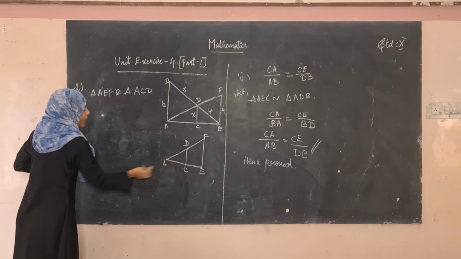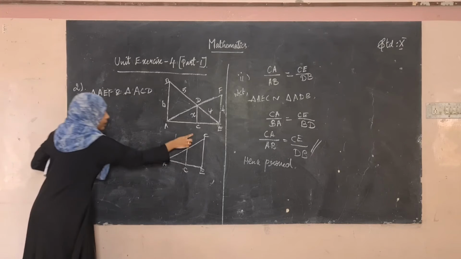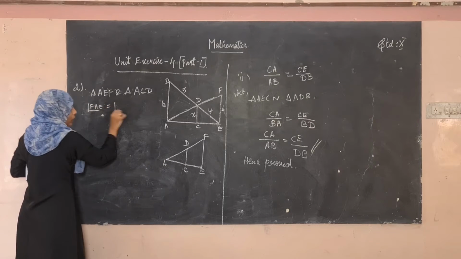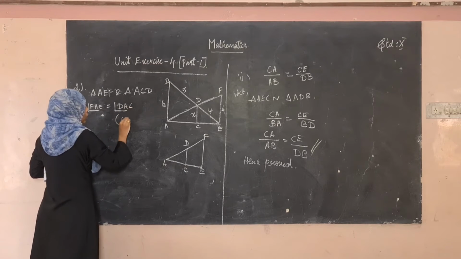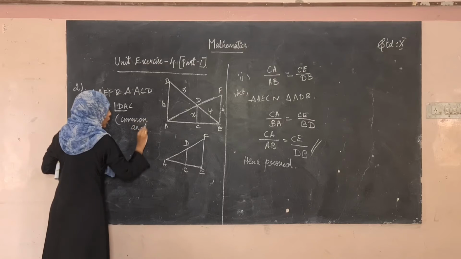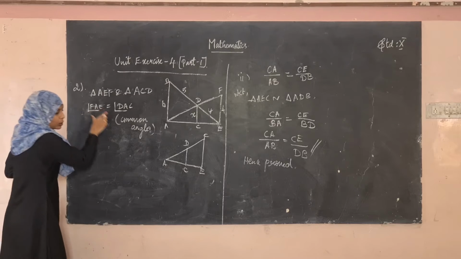See, in both the triangles, angle A is common, right? Angle FAE is equal to angle DAC, since it is a common angle. You have to write the reason also. Both are common angles.